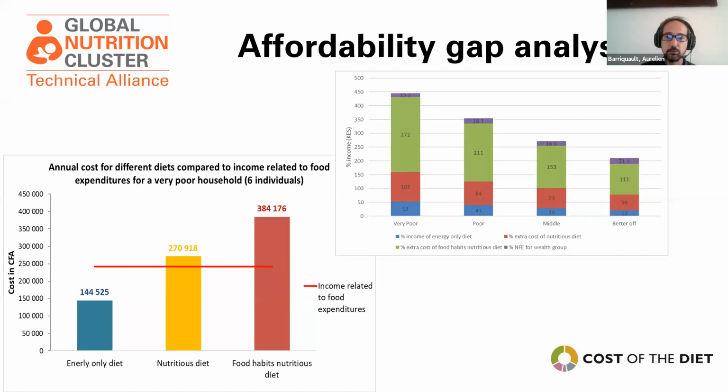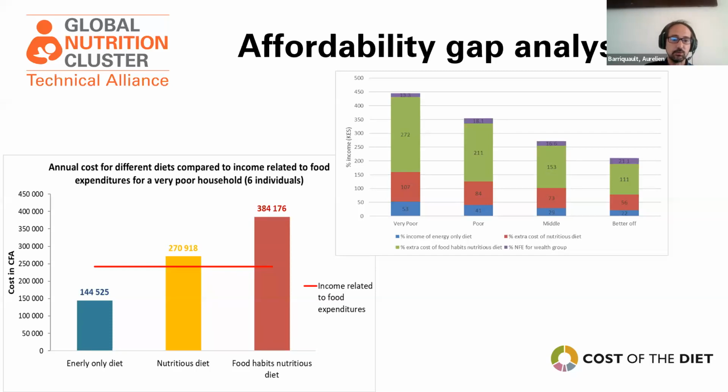the nutritious diet. Another example, similar to this one, is just to show you that the red curve is, again, the income available for a very poor household. So the income related to food expenditures. Basically, you have the total income minus the non-food expenditures, and here it reflects the income that could be used for food expenditures. The blue histogram, again, is the energy-only diet, where in this case the very poor household could afford the energy-only diet cost.